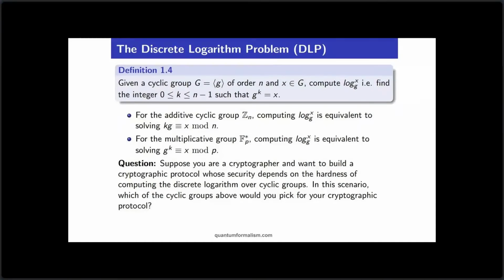Anyone want to comment? Have you never heard of the discrete logarithm problem, or have you seen it described in a different way that's a little less group theoretic and maybe a little more complicated? I found the group theoretic version, once you know what a cyclic group is, much cleaner, from my point of view.